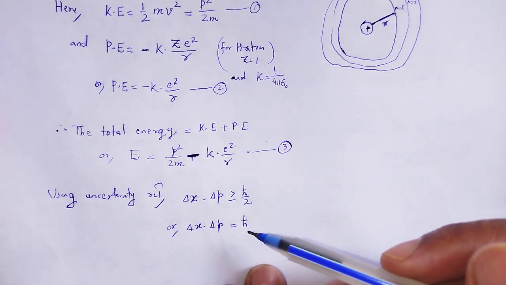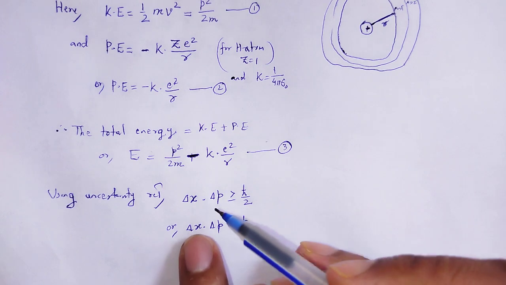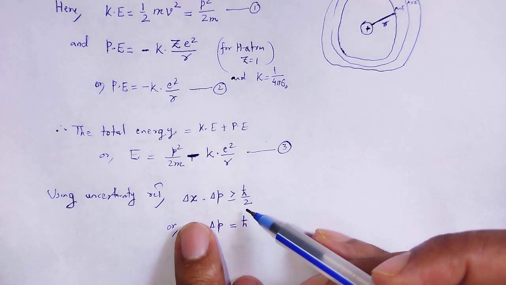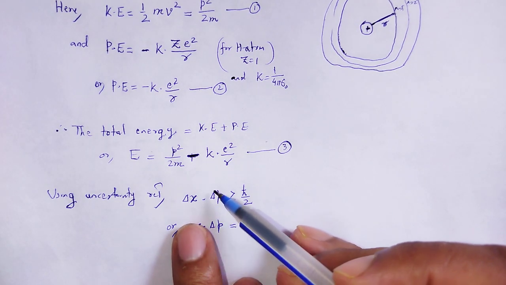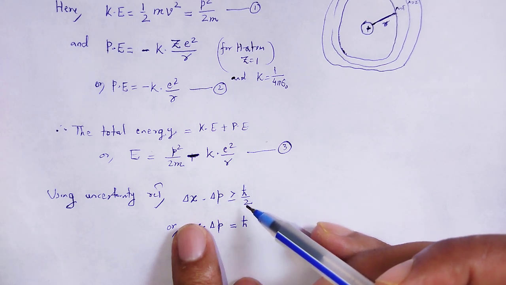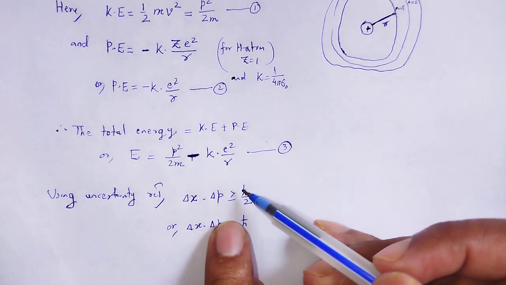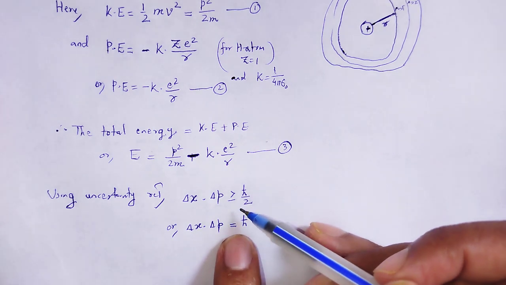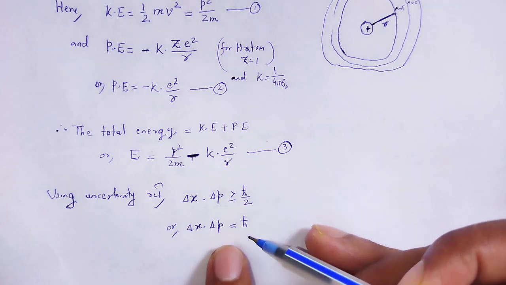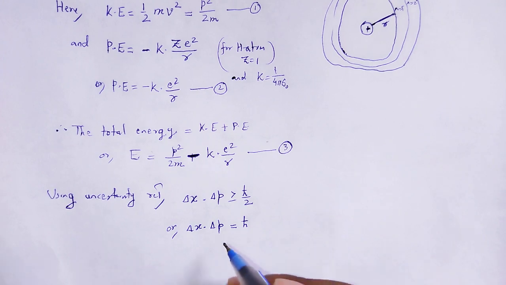Why do we use h cut? For our convenience. Either it is equal or greater than h cut by 2, and h cut is greater than h cut by 2, so we can use it, no objection is here.